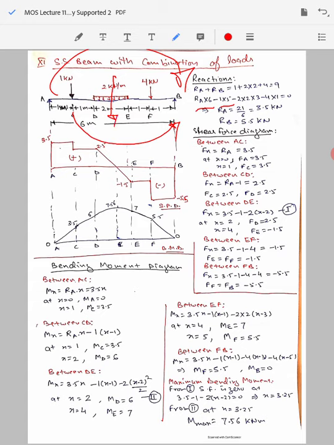So this is the point where it is acting, and this point is at 3 meter distance from the point B. So 2 into 2, that is 4 kN multiplied by the distance 3 here. Then we have the 4 kN load acting at a distance of 1 meter, so giving again an anti-clockwise moment. So the third term that is coming with a negative sign is minus 4 into 1. We will utilize these equations to calculate Ra and Rb as 3.5 kN and 5.5 kN respectively by solving these two algebraic equations.